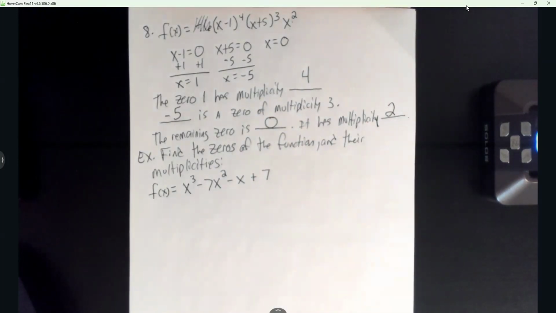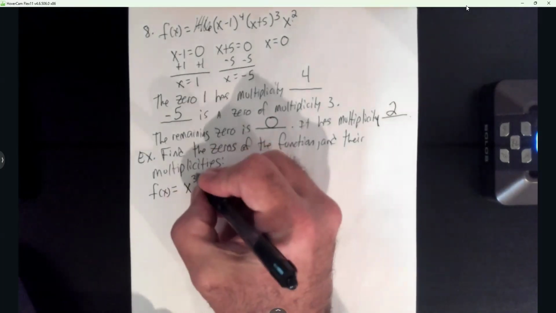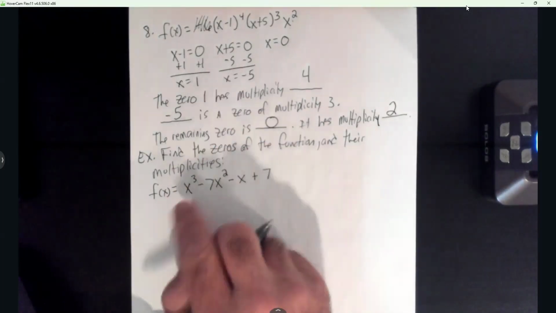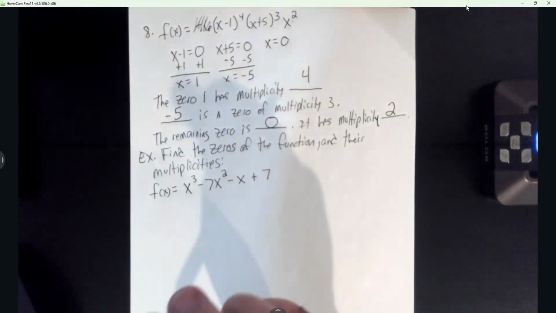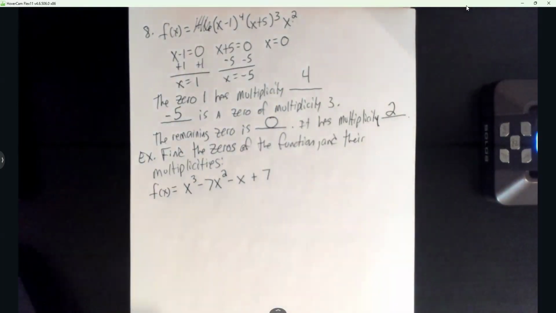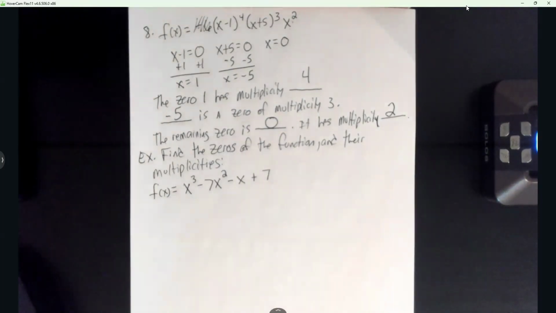Now, y'all, we'll say this, the highest exponent is a 3. Well, the highest exponent tells you how many zeros you got to find. So that means when I'm all done with this, I better have 3 zeros, okay?